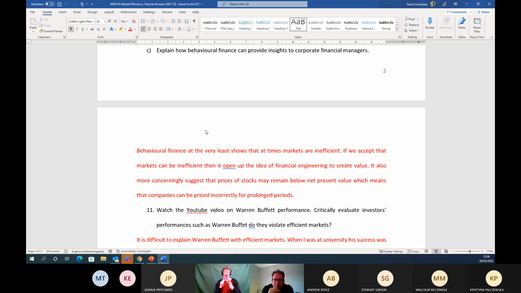And if we accept that markets can be inefficient because of behavioral bias, that opens up the idea of financial engineering to create value. It also suggests that prices of shares may remain below net present value. That means companies could be priced incorrectly for prolonged periods of time.